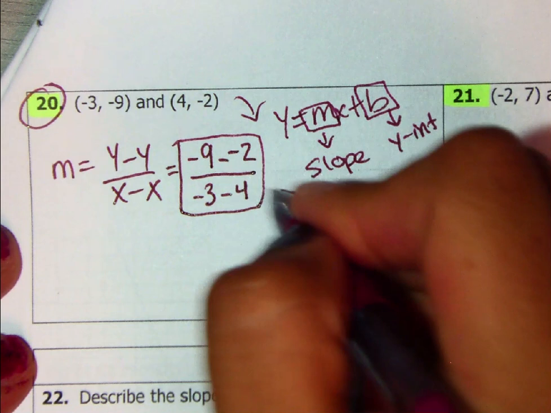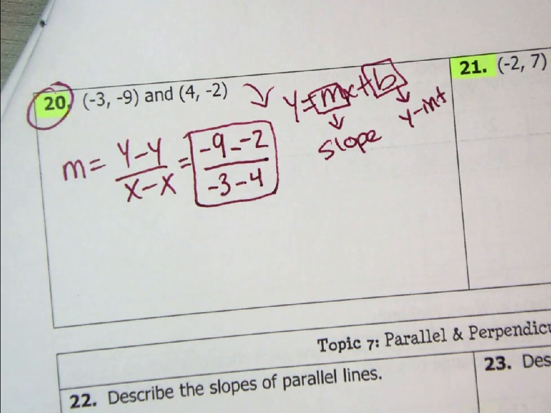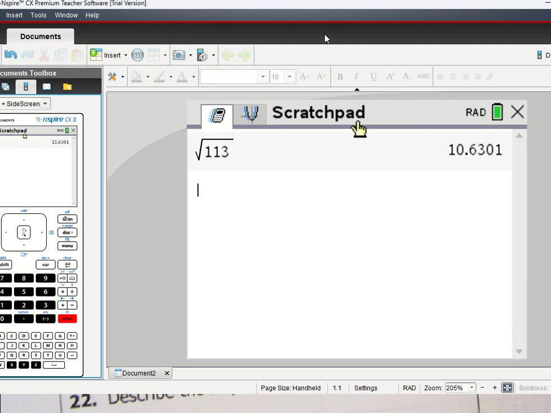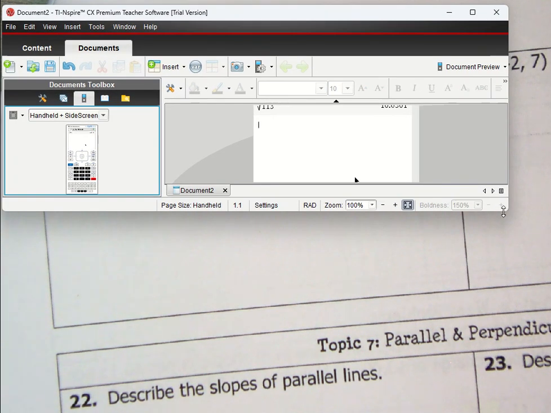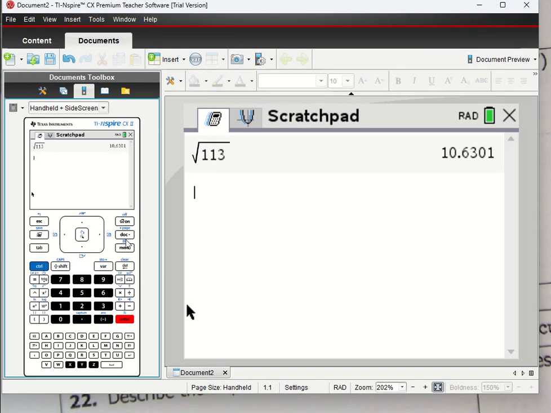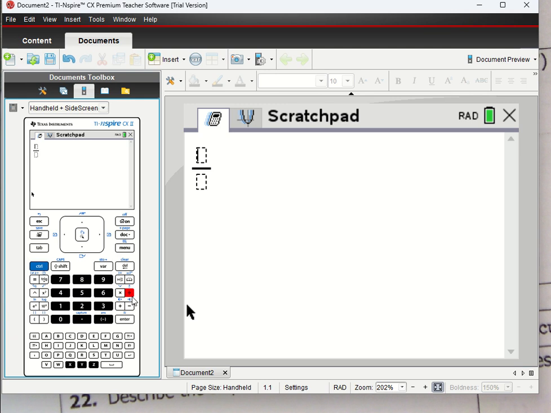So I'm just going to do it by hand. Well, actually, no, I have a calculator handy. Let me just display it here. Let me readjust the screen. Okay, so we're going to do control divide and type -9 minus -2, and -3 minus 4.